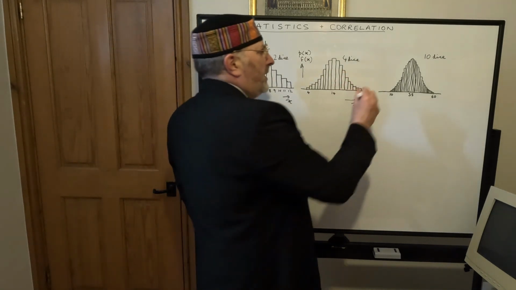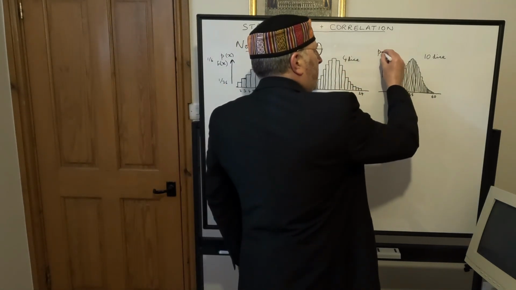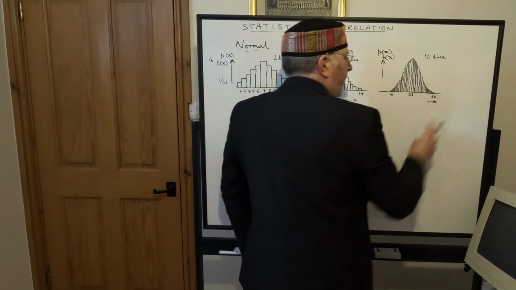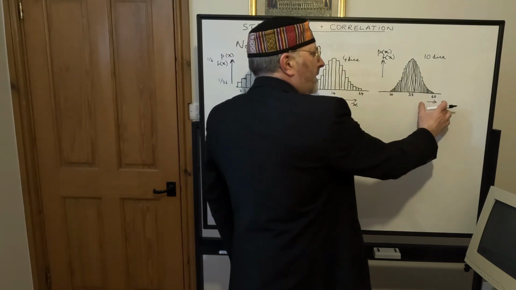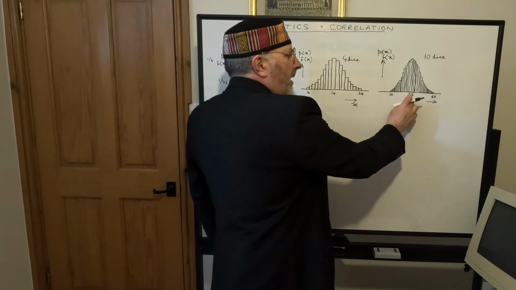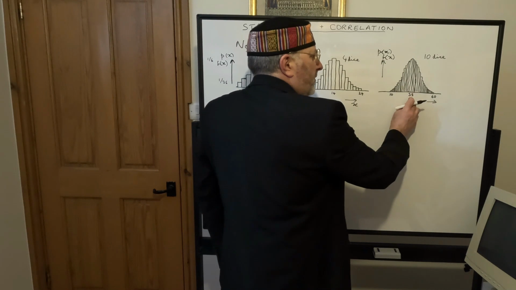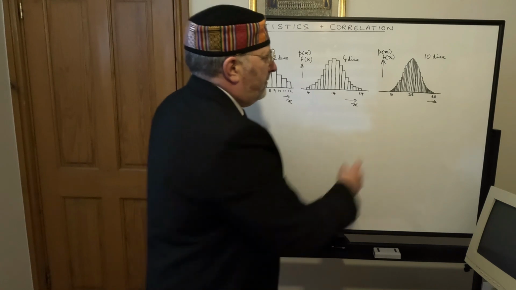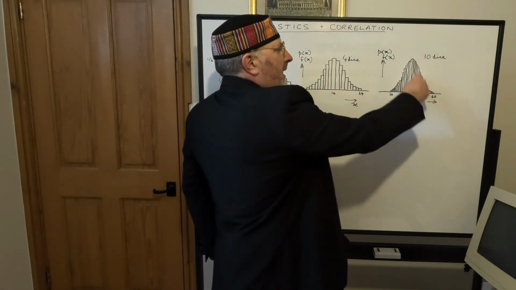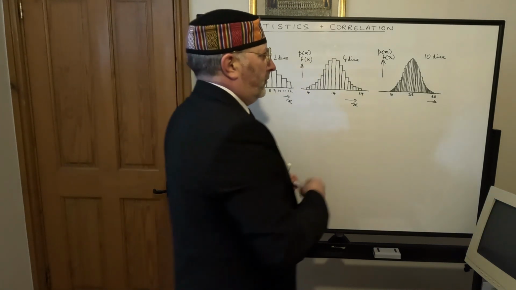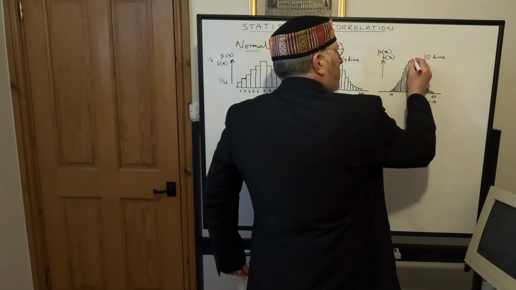And if we then throw 10 dice, again we've got P of x or f of x up here, and x along there, it can vary now between 10 and 60, 10 1s or 10 6s. And the mean, the most likely score, is 35. What you may notice here is that we're actually getting that familiar bell curve of the normal distribution coming out of the probabilities.